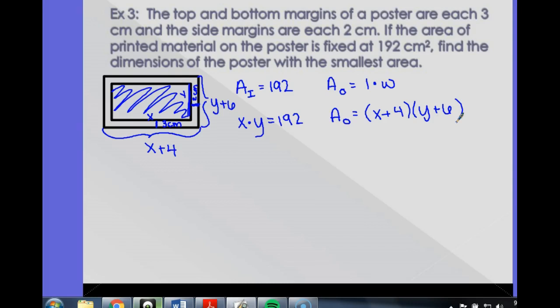My AO has 2 variables. So what do I have to do? Substitute something. Do you want to get rid of Y or X? Let's get rid of Y. To get rid of Y, we have to solve for Y. So Y in the original, given that's unchanging, is 192 over X.